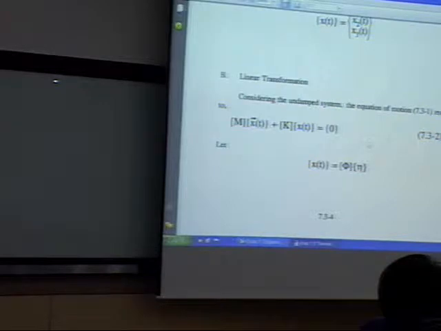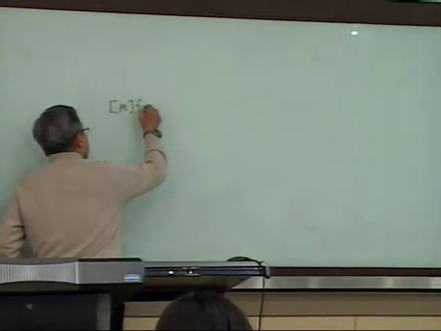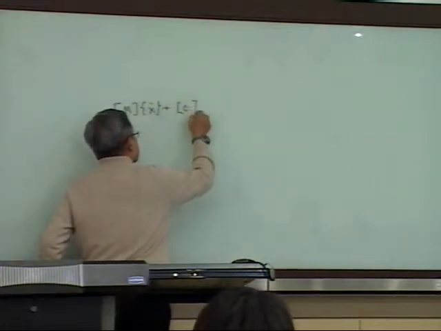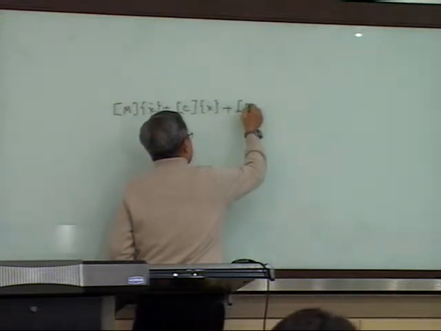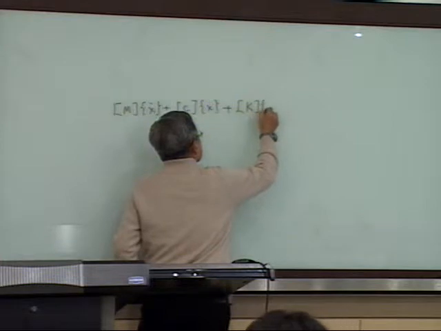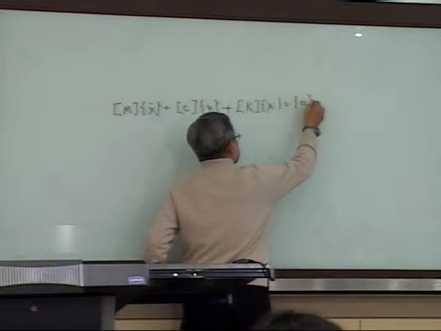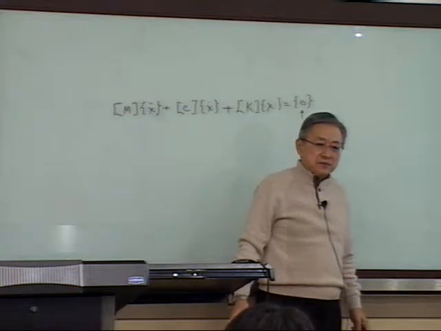So linear transformation. Remember, I introduced this: M X double dot plus C X dot plus Kx is equal to 0, because we are dealing with the free vibration problem.